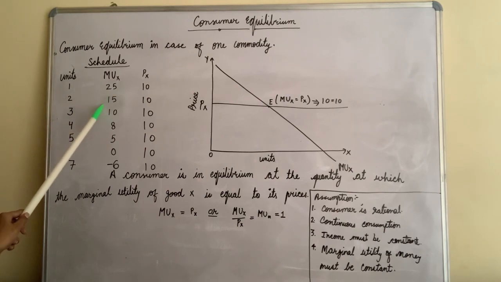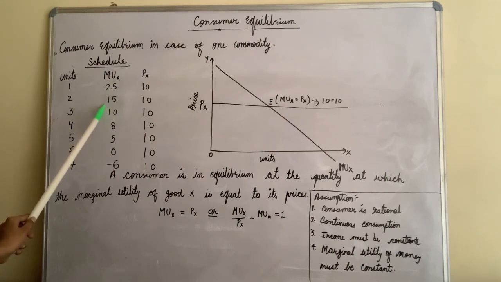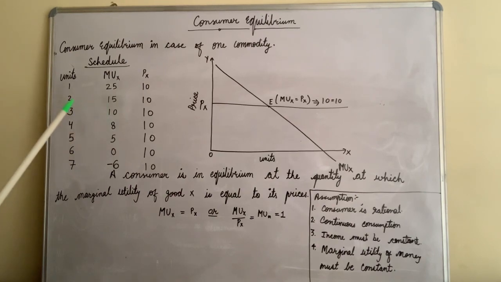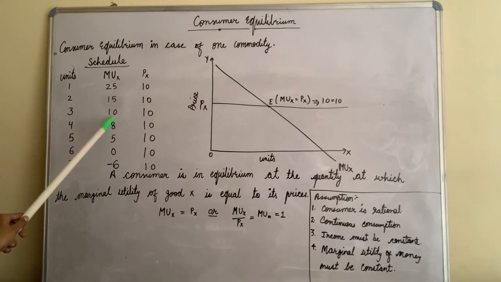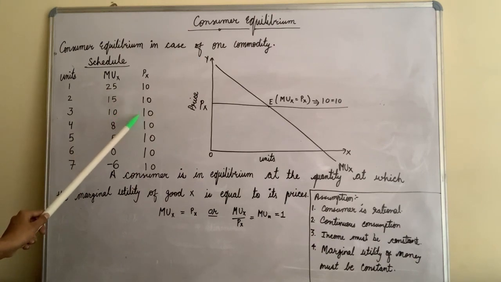When I eat the second unit, it gives me 15 satisfaction. As in the cardinal approach, we can measure units in utils. So coming to the third unit, it gives me the same satisfaction as my price, 10.